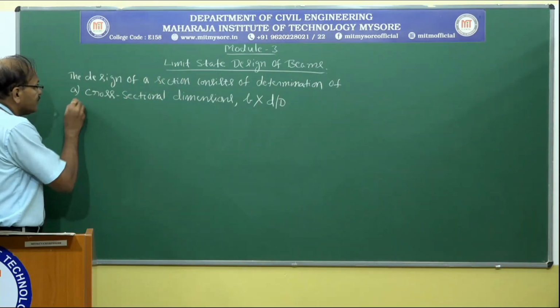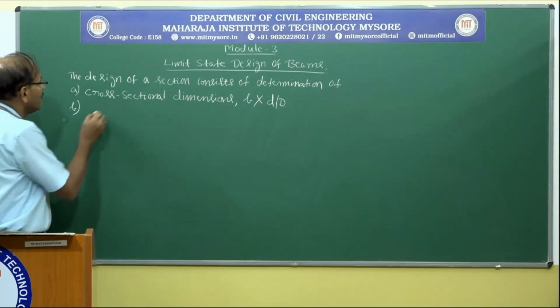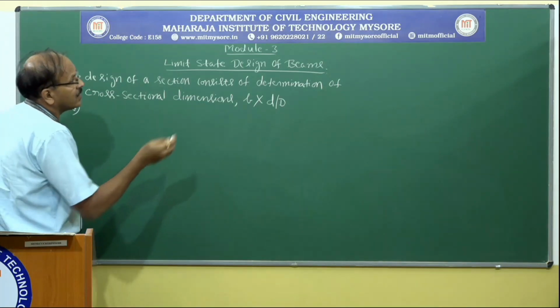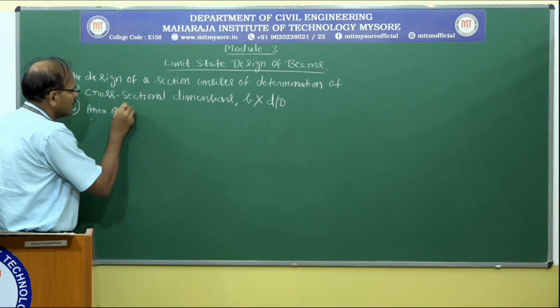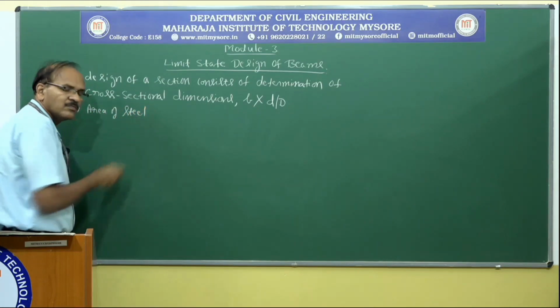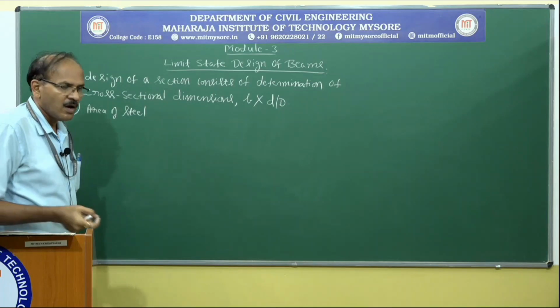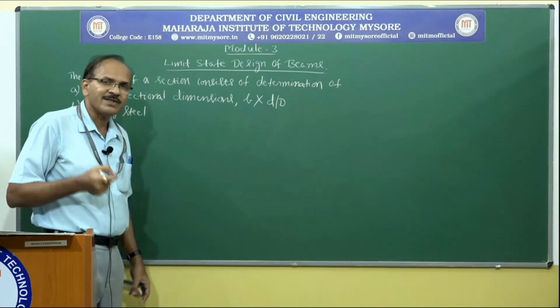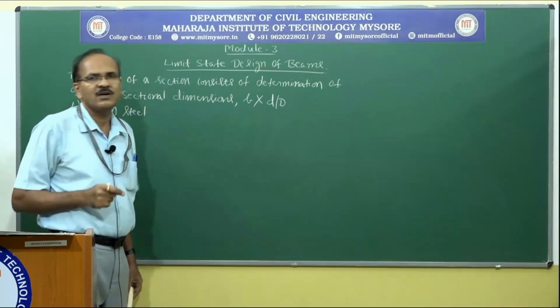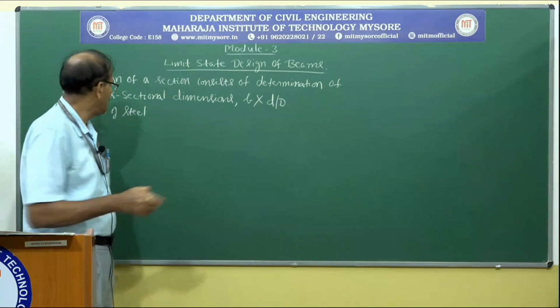Next is determination of area of steel. Both AST and ASC: AST in case of a singly reinforced section, AST and ASC in case of a doubly reinforced section.